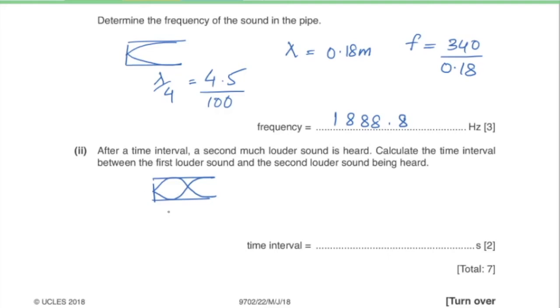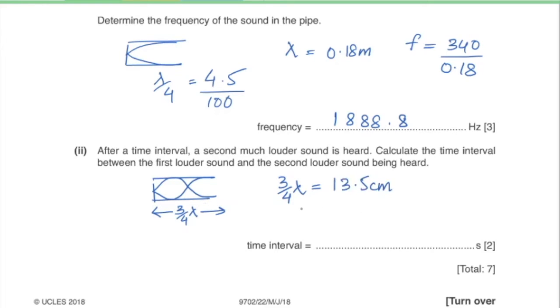So the length of this tube is now 3/4 of the wavelength, and 3/4 of the wavelength means 3/4 times 0.18 meters, which is the wavelength. That's 13.5 centimeters, the length of this tube.